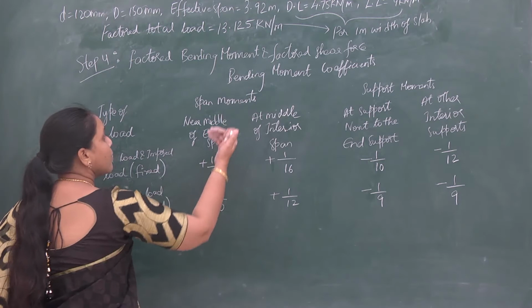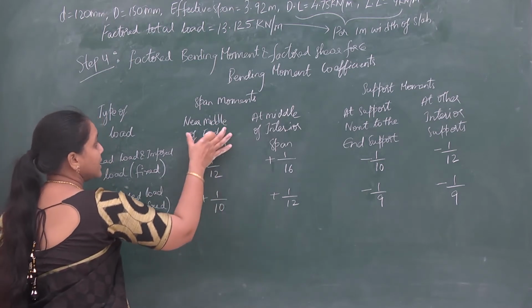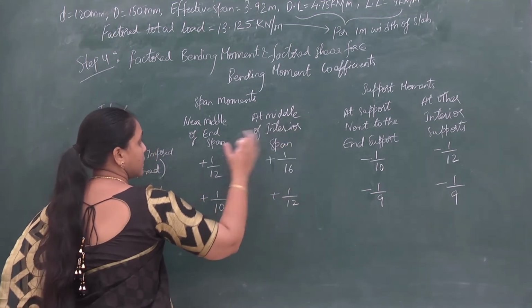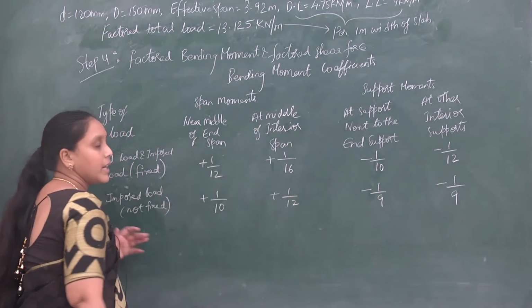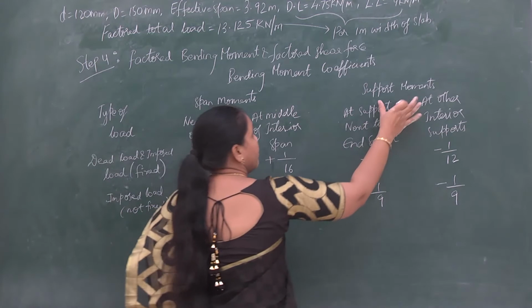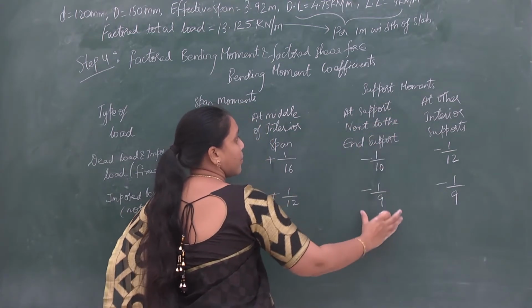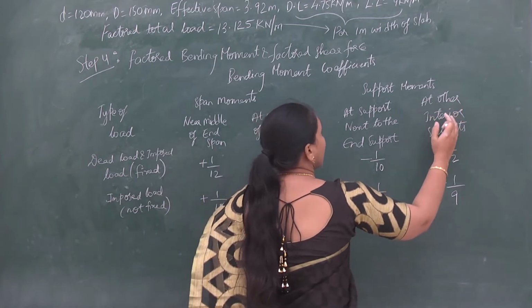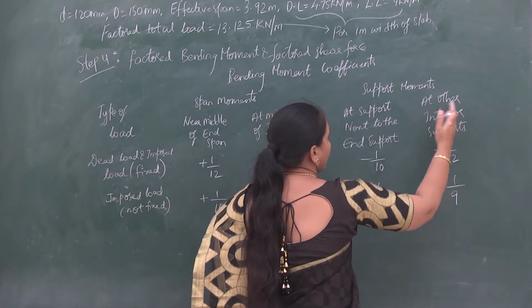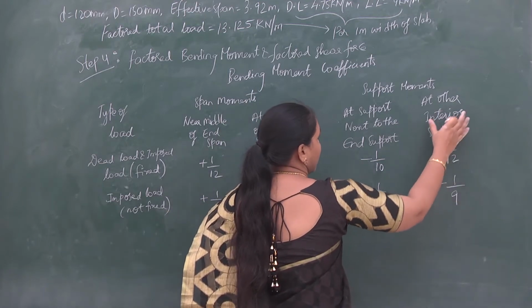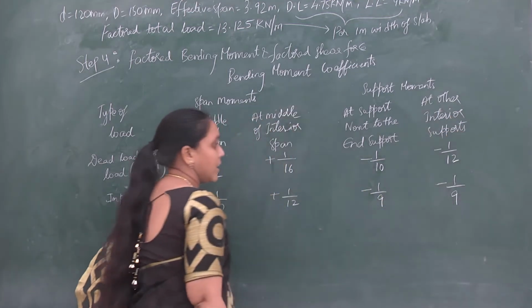In the span moments, the coefficients near the middle of the end span and at the middle of the interior span are different. For support moments, the values at the support next to the end support are given here, and at other interior supports, the values are given here.